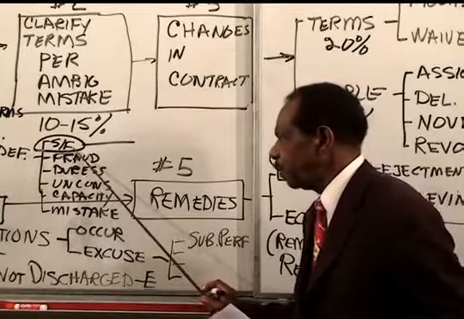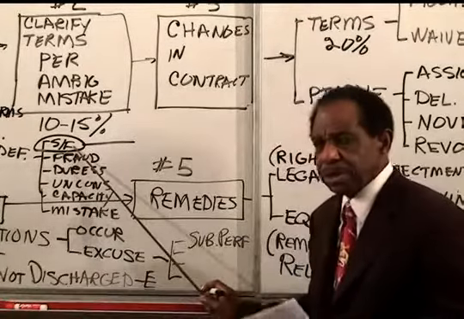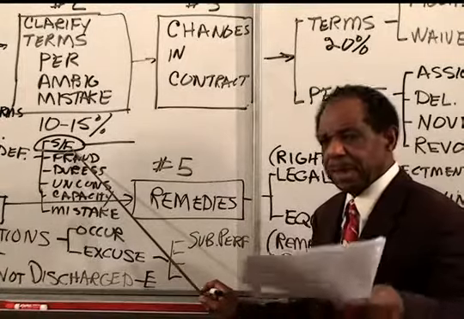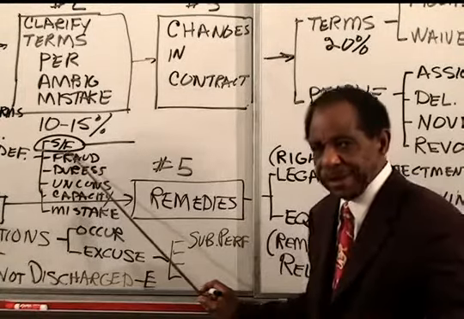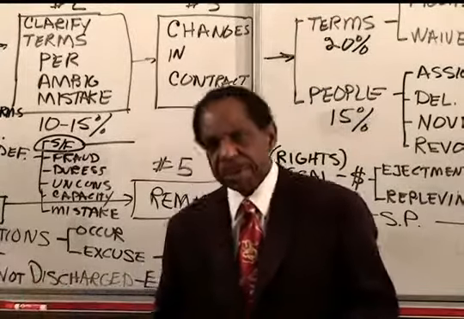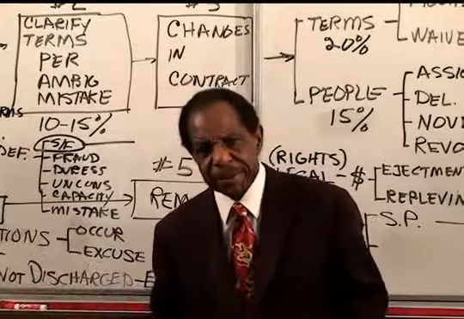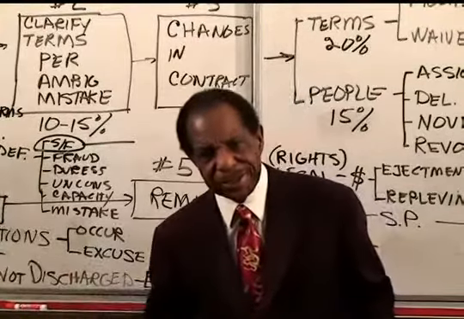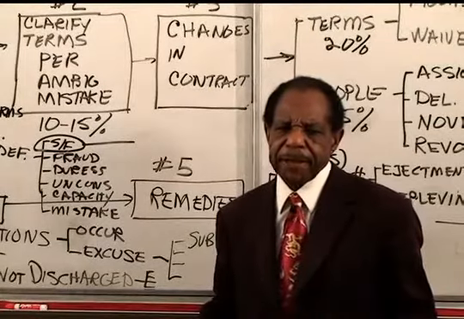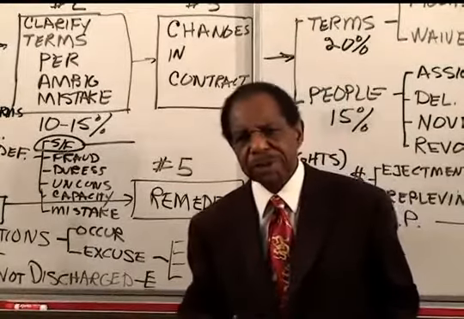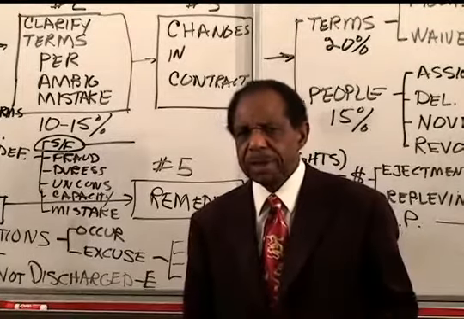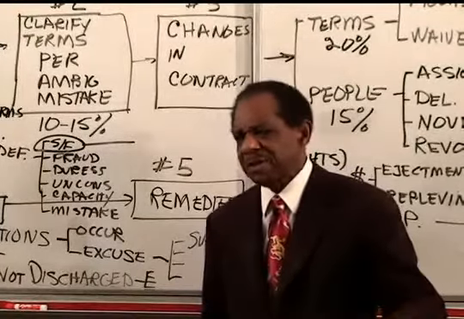If they are both merchants, then one merchant can send a written confirmation to the other one and bind the other one, provided that they actually get it within a reasonable time, that they have reason to know what's in the contents of what you sent them, and that if they don't object within 10 days in writing of the time that you got it, then this receiving merchant is just as bound as though they signed.